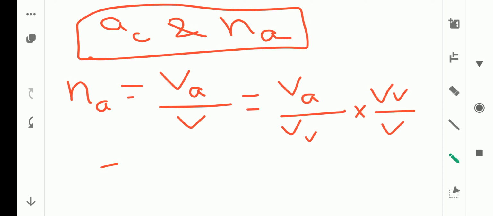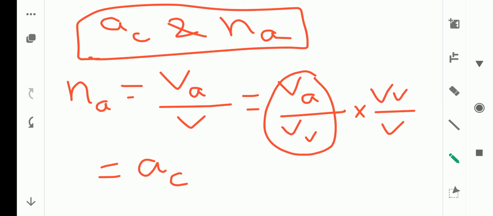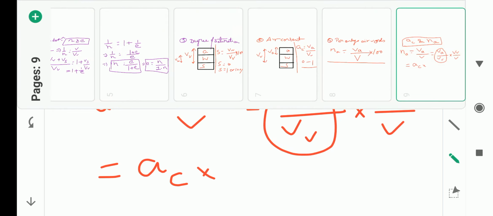Now the same thing can be written as we know, VA upon VV is nothing but AC, air content, right? Also VV upon V, that is volume of voids divided by total volume. What is this?